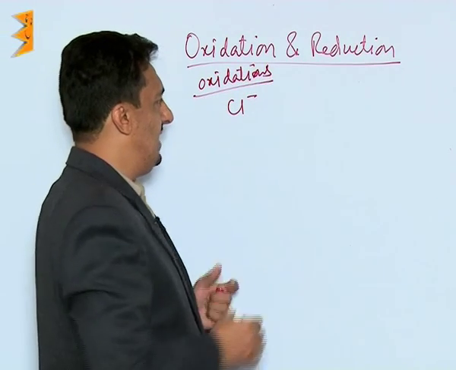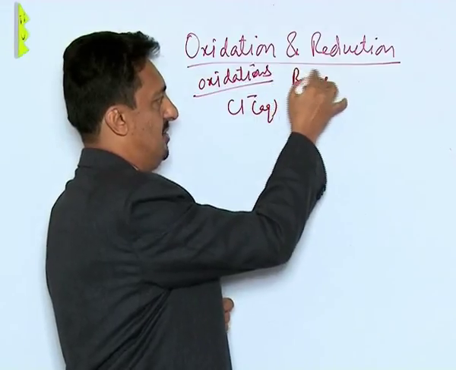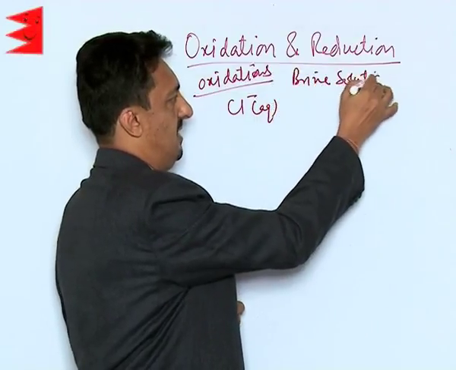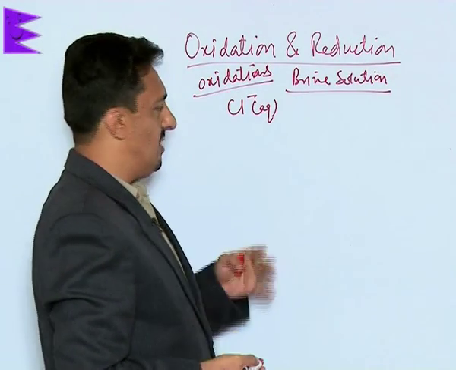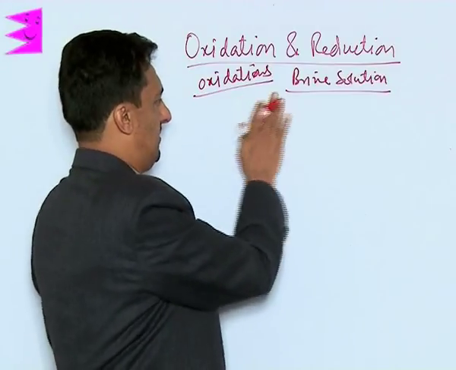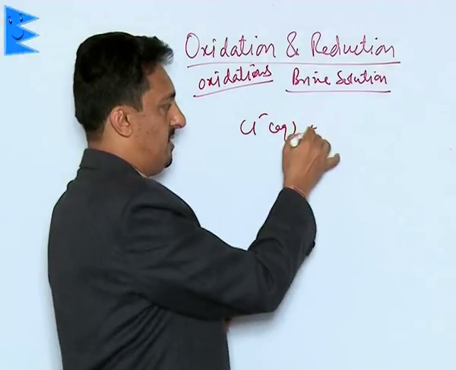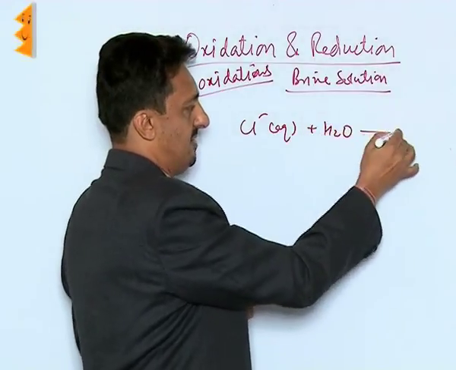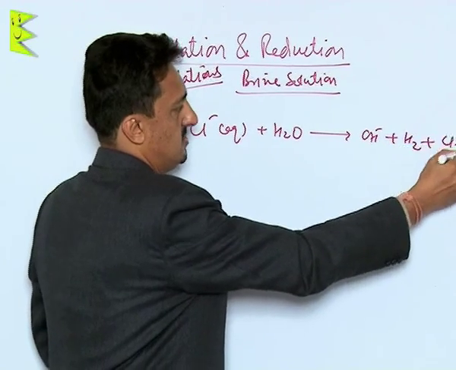Chloride ions exist in the aqueous state, for example in brine solution. Brine is NaCl aqueous solution, or seawater. In this, a lot of chloride is there. If you want to oxidize this chloride, we need to know its reaction with water, which gives OH minus, H2 and Cl2.